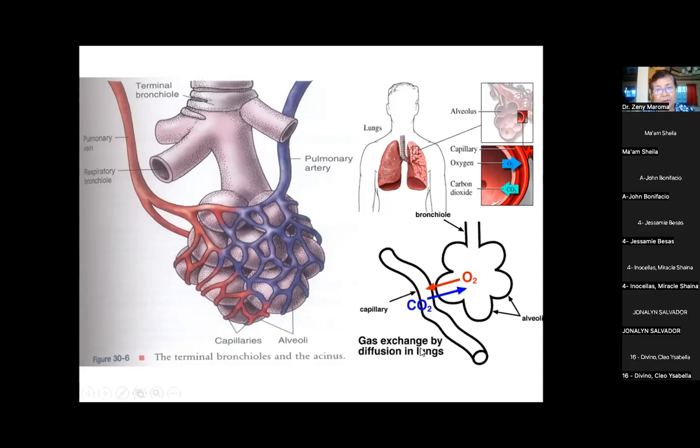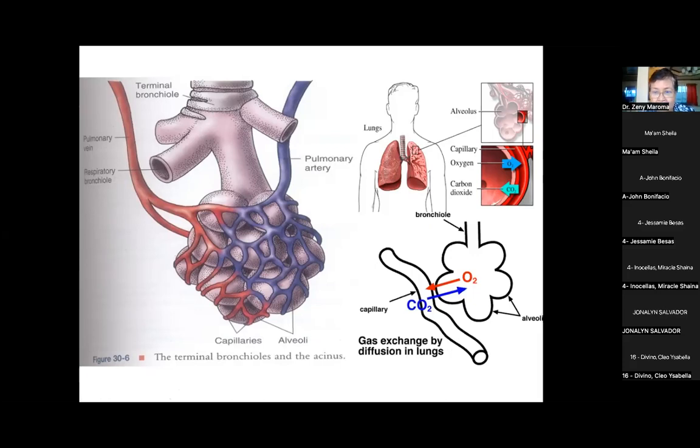Now, on this side, ito yung ating pulmonary capillary bed. On this end is the pulmonary artery. And on this end is the pulmonary vein. Pulmonary artery carries unoxygenated blood, yung pinump ni right ventricle. There's high concentration of carbon dioxide in the pulmonary capillary bed.